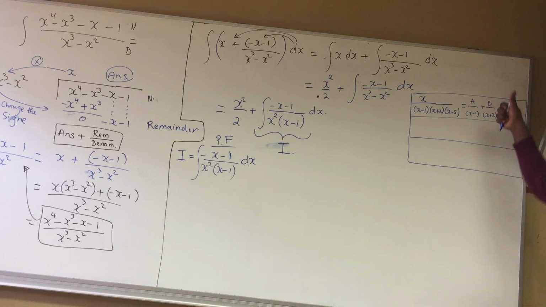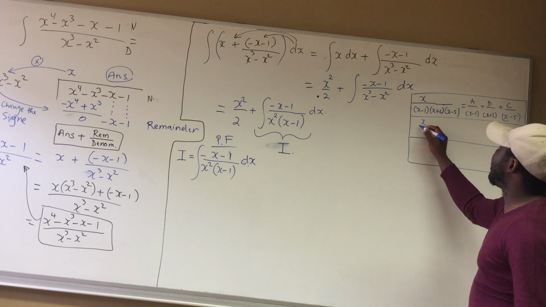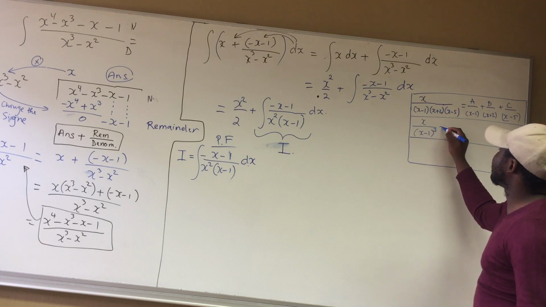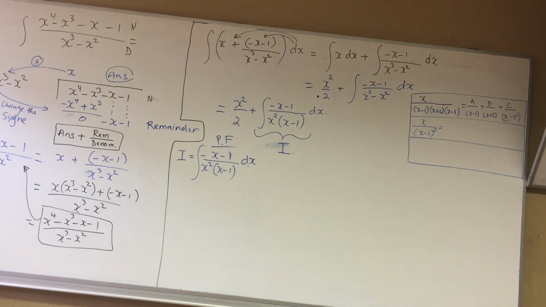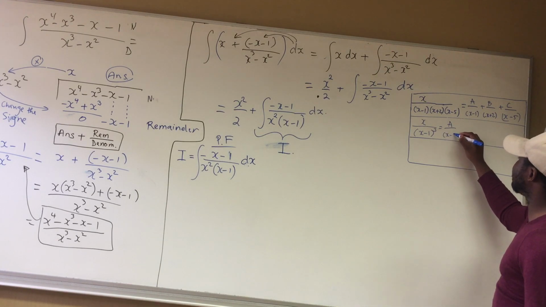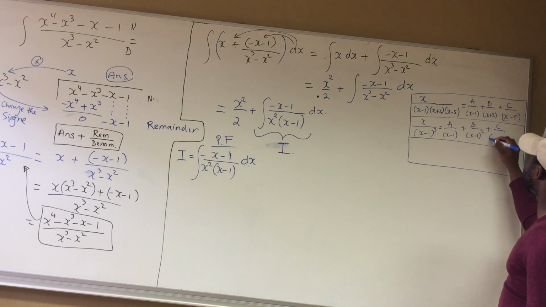This is the first category. The second category is when you have something which repeats. For instance, x divided by x minus 1 all to the power 3. This one you separate as A divided by x minus 1 plus B divided by x minus 1 squared plus C over x minus 1 to the power 3.